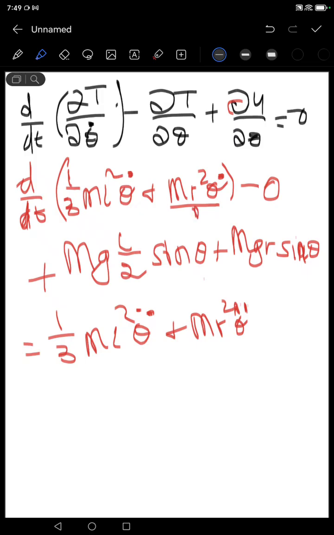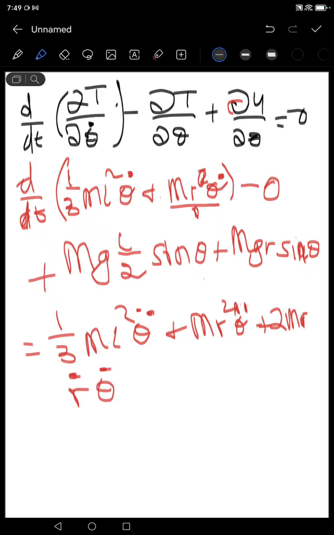So the derivative of mr squared theta dot with respect to r is going to be, we take this 2 here, plus 2mr, with respect to time. So when we're differentiating with respect to time, it's going to be 2mr r dot theta dot.